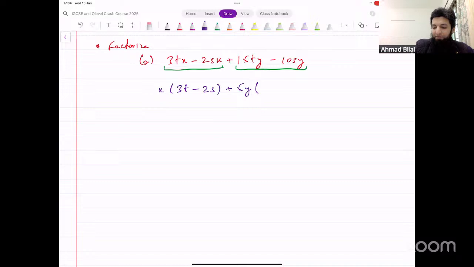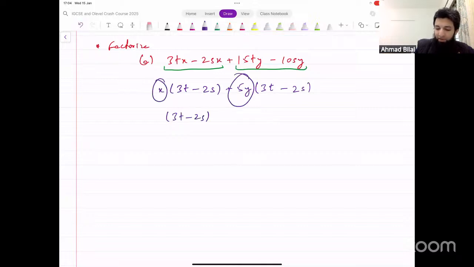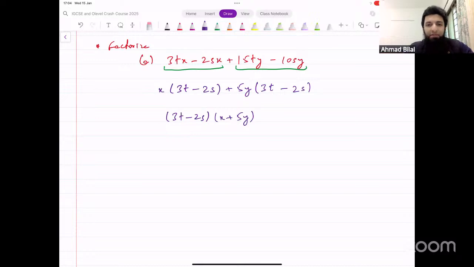What does that leave us with inside? 15 over 5 is 3. Y is taken common outside. We have t left there. 10 over 5 is 2. Y is taken common outside. We've got s left inside. And now you see these two brackets are the same, which means we can take 3t minus 2s common. And then x plus 5y, what's that going to be? That's going to be in the other bracket. And that's your factorized form.